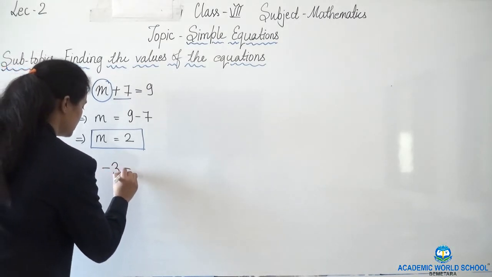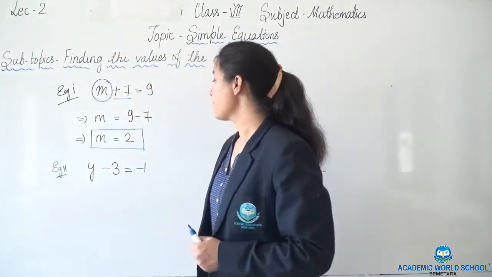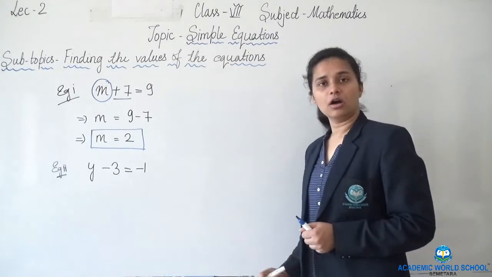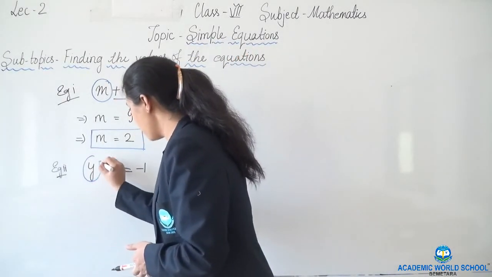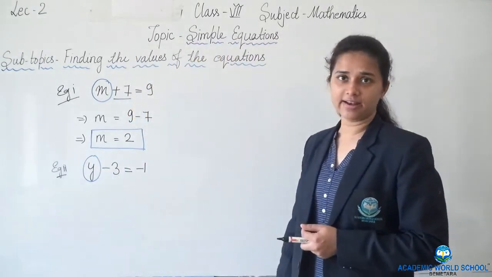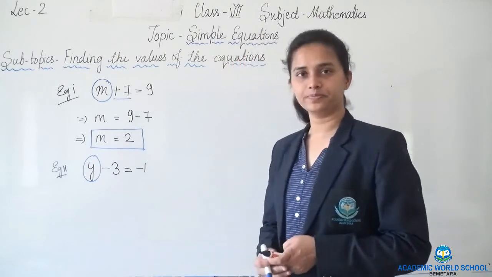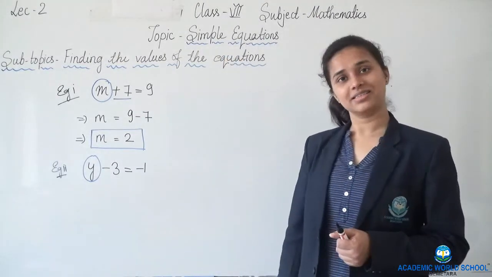y minus 3 equals minus 1. Now if you observe this question, the variable here is y, which is on the left hand side. With y we have minus 3.